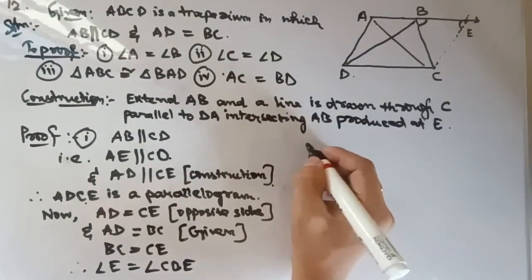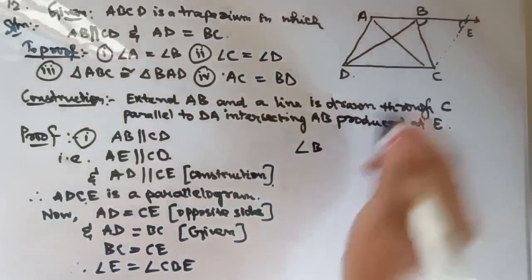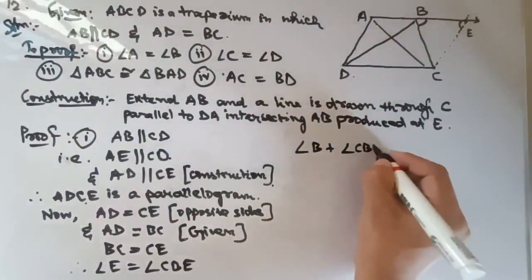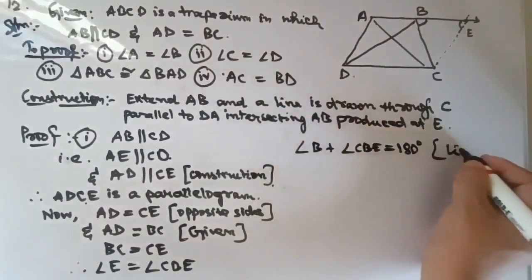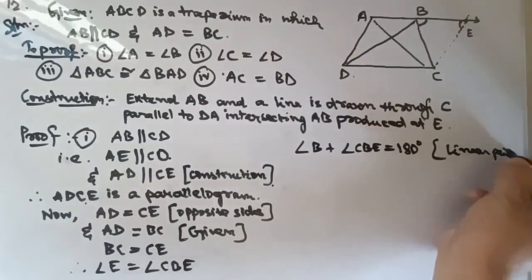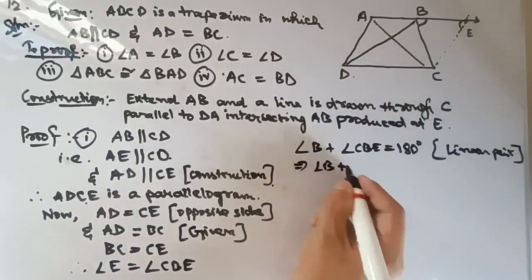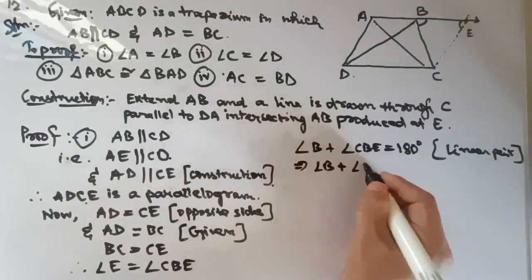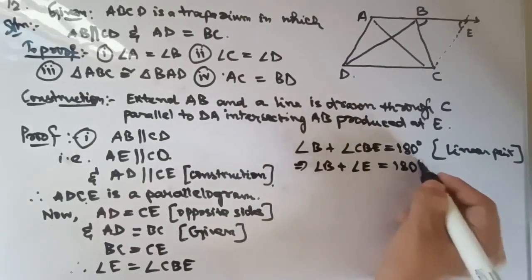Next, if you observe, angle B plus angle CBE is equal to 180 degrees, that is, they form a linear pair. Since angle CBE is equal to angle E, we can write angle B plus angle E equals 180 degrees.